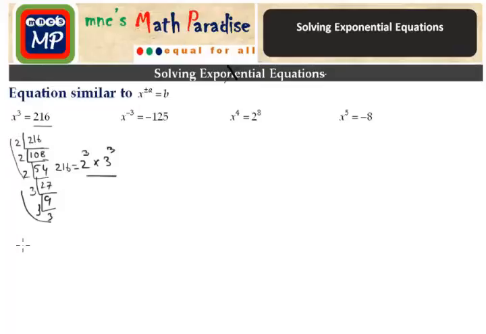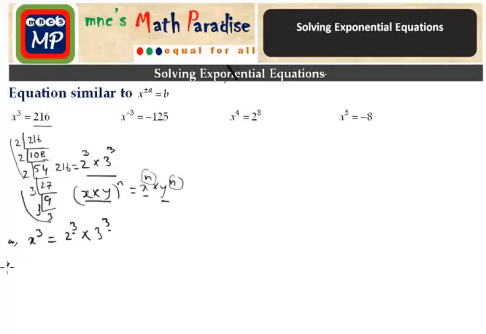So from this equation we can write that x cubed equals 2 to the power 3 times 3 to the power 3. Here x is a single base, but two different bases with the same power are multiplied. We know the formula that (x times y) to the power n equals x to the power n times y to the power n. That means when two different bases have the same power, we can multiply them together and make the whole power.